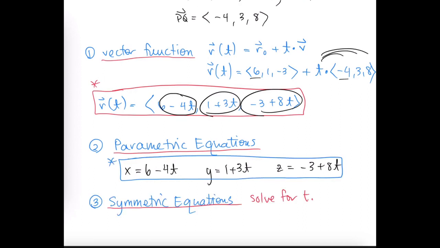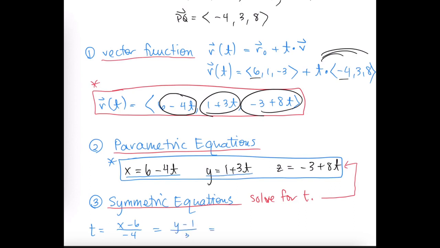And as we mentioned a moment ago, the symmetric equations are going to be determined by taking each of these parametric equations and solving them for t. And then since they're all going to be solved for t, we're basically going to set each of them equal to each other. So this first equation solved for t is going to be x minus 6 divided by negative 4. That's going to be equal to the y equation solved for t, which is y minus 1 over 3.